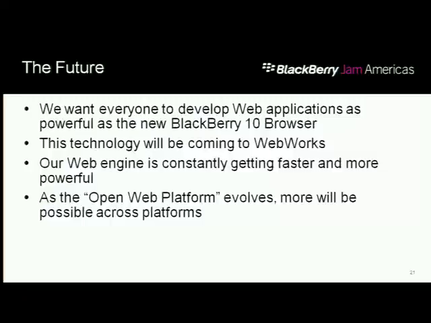So the open web is the open web. We don't want this to be a BlackBerry proprietary web that's better than some other web that is available on other devices. So we're working a lot in open source. All of our code gets contributed back to WebKit when we work on core engine things. And we're working on this in standards to make sure that this stuff is all available everywhere.